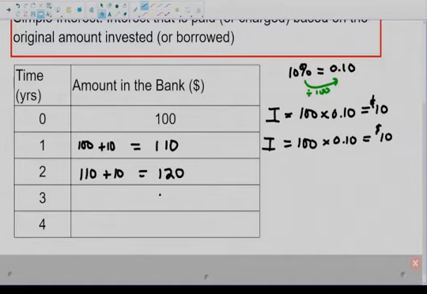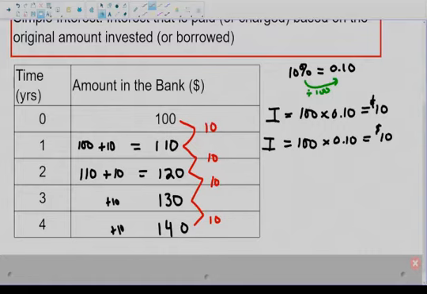And following this pattern, I'm just adding $10 each time. Okay? I'm not going to fill in the entire table here, but you're just taking $100 each time, multiplying it by 0.10, and therefore adding $10 each time. And that means if we do our first differences, we're going to get 10 all the way up.